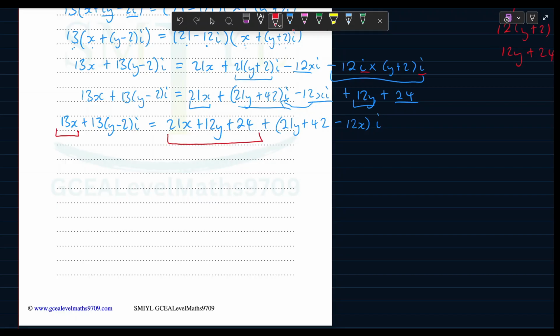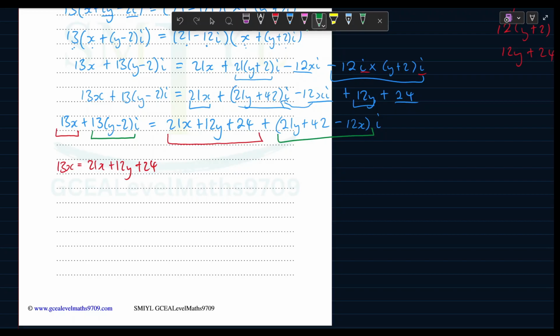So in this case, since we're saying that these two sides should be equal, it means that the real parts, 13x, should be equal to 21x plus 12y plus 24. The real parts should be equal, and the imaginary parts should also be equal.